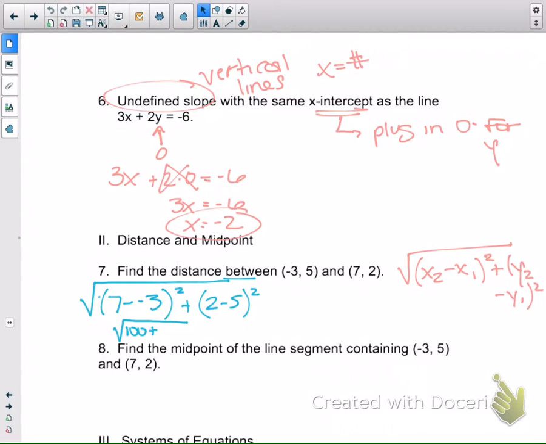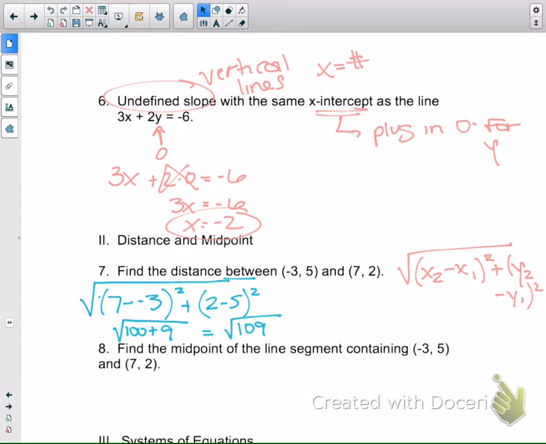Plus 2 minus 5 gives me -3. When I square -3, that gives me positive what? 9. So this is going to give me the square root of 109.